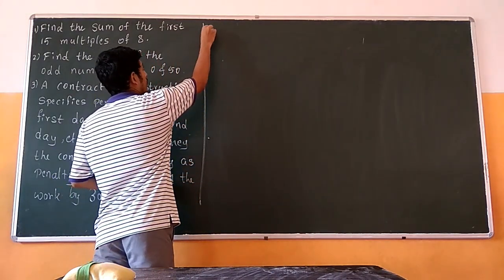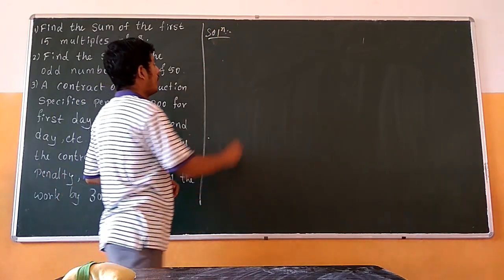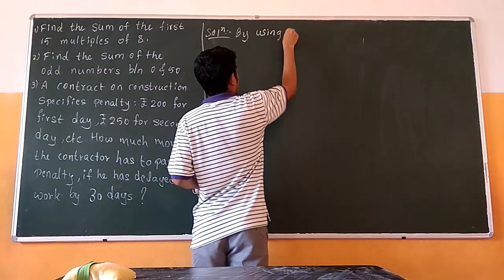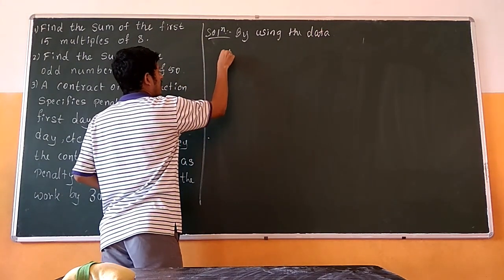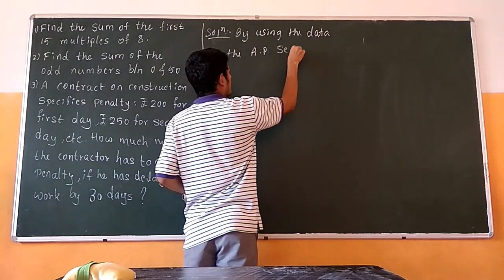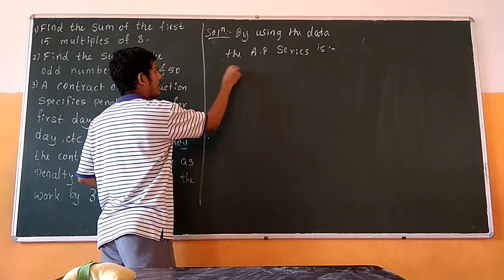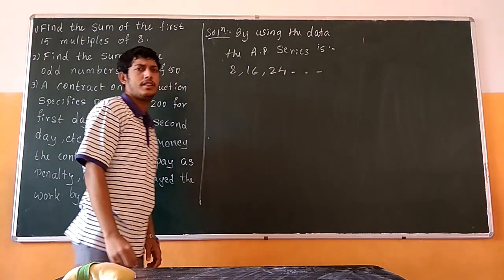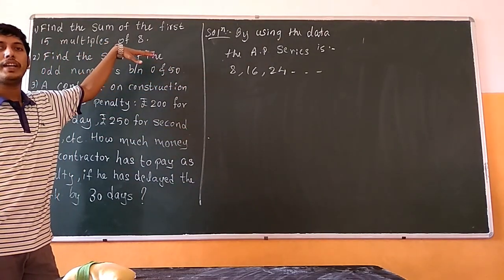So I will solve the first problem by using the data. The AP series is 8, 16, 24 like that, because these are the multiples of 8.